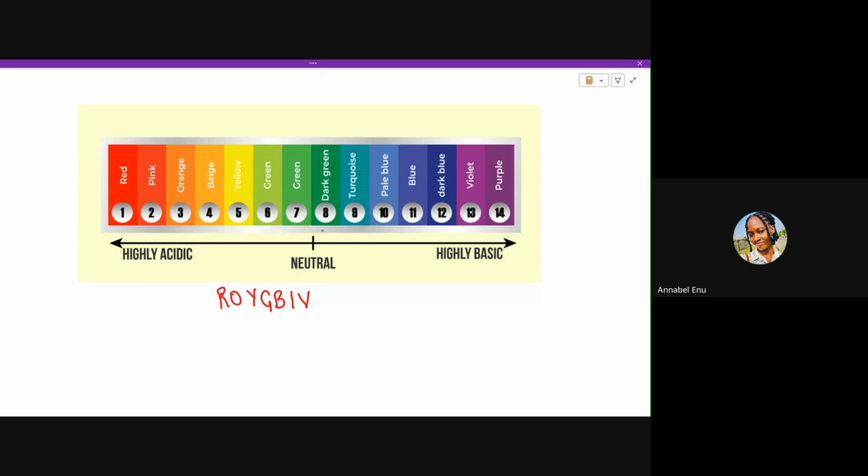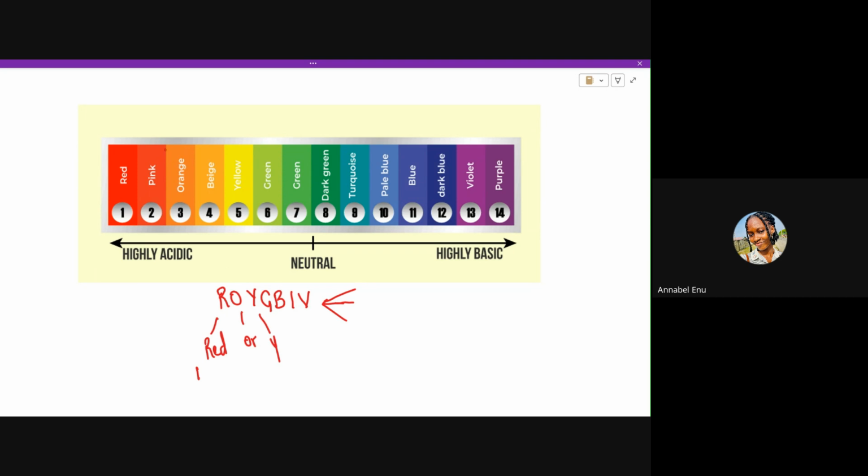So I call it Roy Beef. You can have your own way of knowing it, but this tells you colors of the rainbow, different colors from white light, the physics aspect, and then also tells you these trends as well. So this is red going from number 1, and orange, yellow.